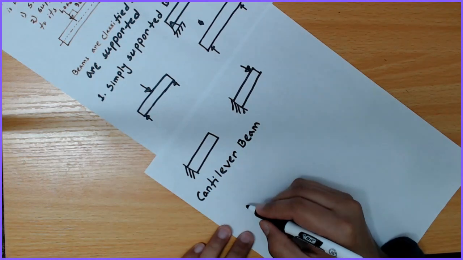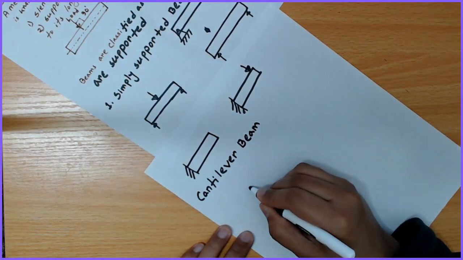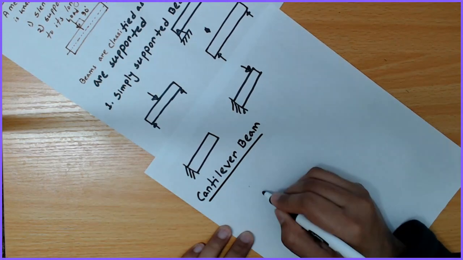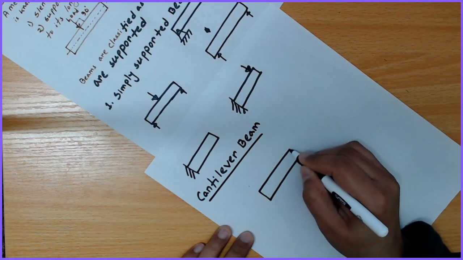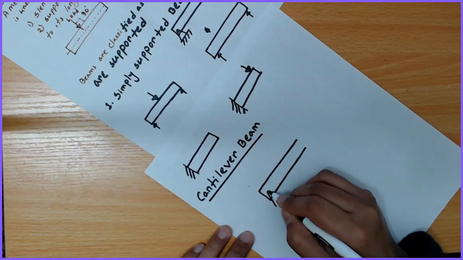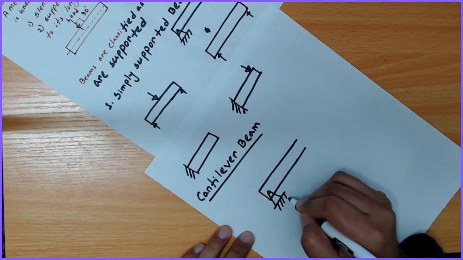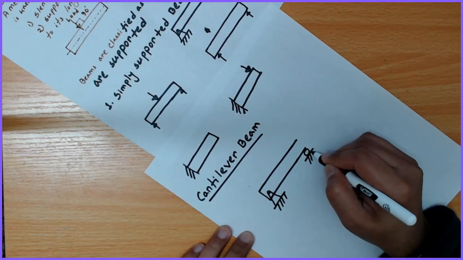Now if I take this first example, it has a pin connection and the roller support.